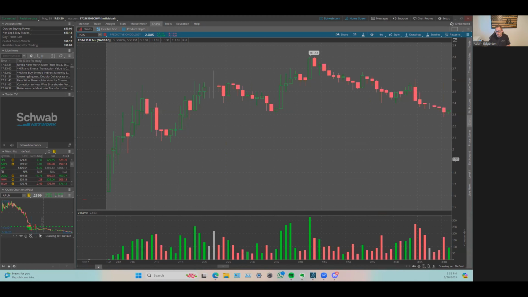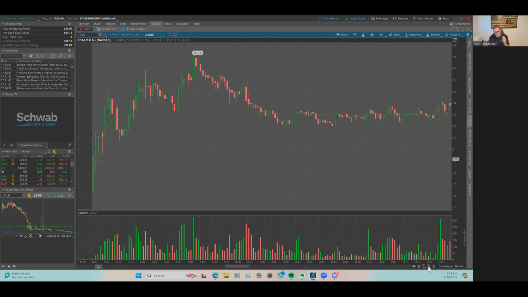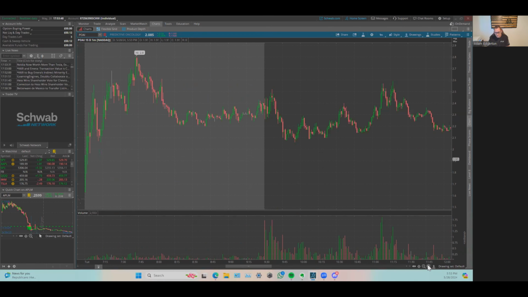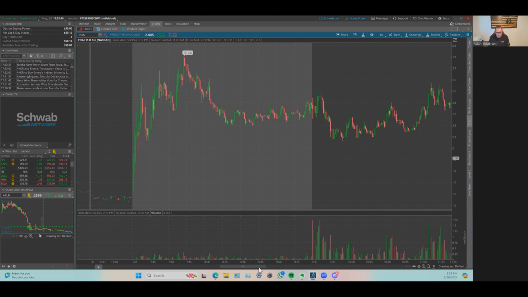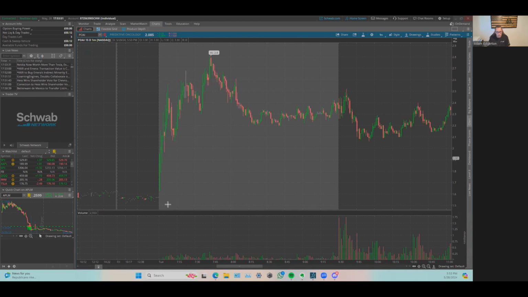When you are trading stocks, especially small cap stocks, I don't know the exact percentage, but like 90% of stocks are going to go from a really low point to a high point and then end up closer to the starting point than the high point. I think it's 60, 70%.